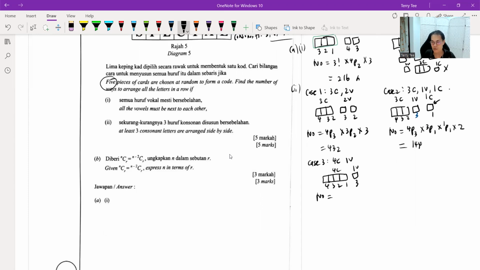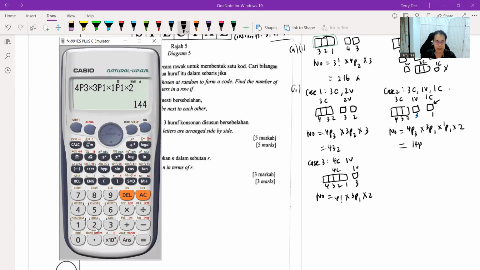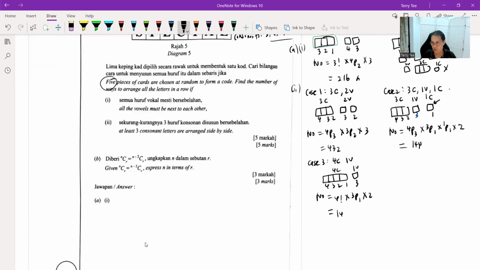So we can write this as 4 factorial times 3p1. But remember, you have to times 2. Why? We can put the block of consonants in front or at the back, right? So in this case, it is 4 factorial times 3p1, which is 3, times 2. You still get 144. Okay, I know it's very long. You have to find your total.